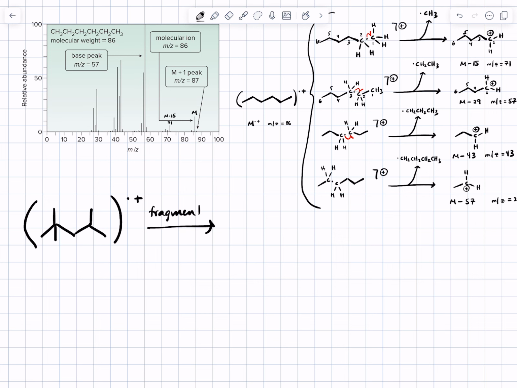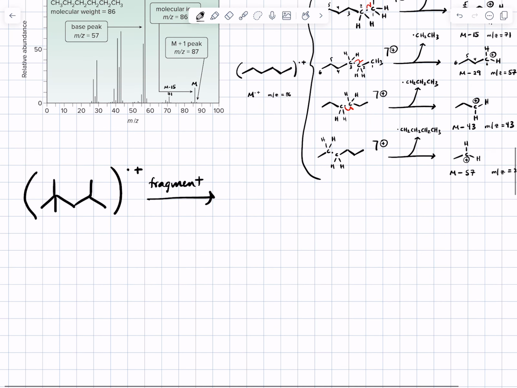And suppose I tell you that the most abundant fragment has an M over Z of 57. Sometimes fragment abundance correlates with the stability of the thing that the mass spec measures, which is the carbocation. You already know about carbocation stability.